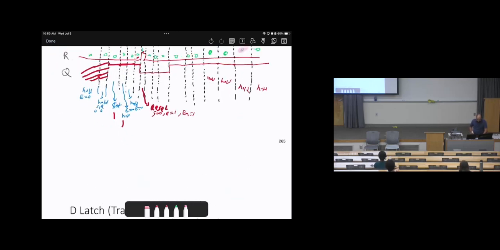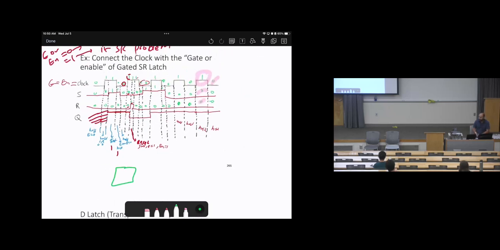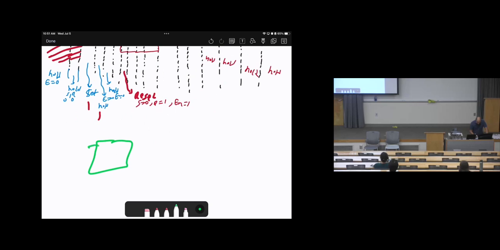Now, in the SR latch with enable, before starting, any questions about this example? Okay, SR latch: here is S, here is R, here is gate or enable, here is Q, here is Q bar with a bubble.